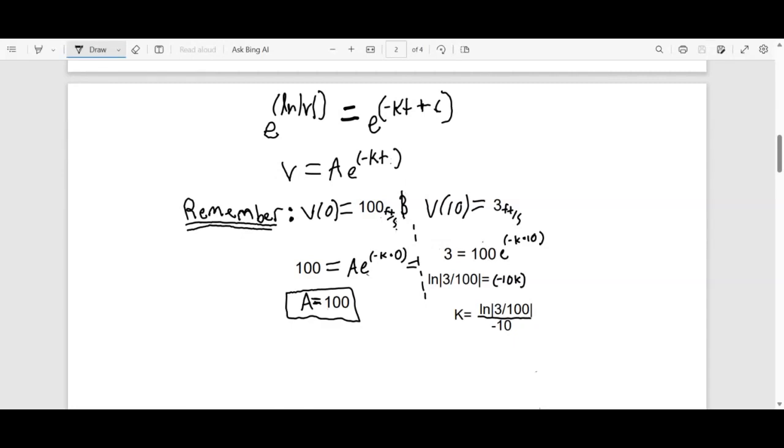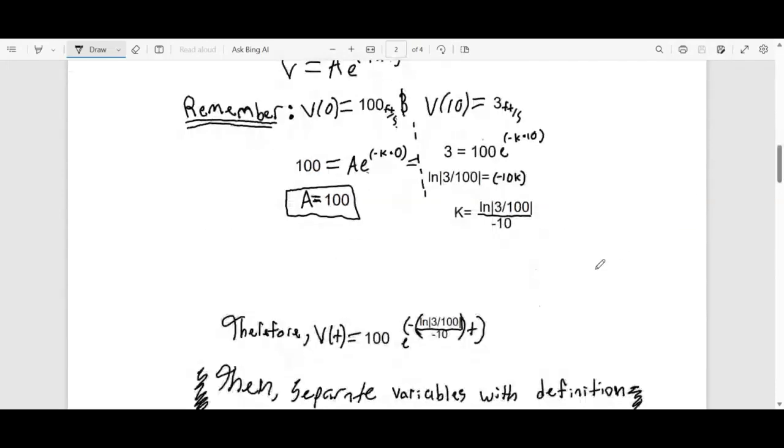Using these conditions, we conclude that 100 equals a times e to the negative k times 0, which gives a equals 100. Then we use that v after 10 seconds is 3 feet per second: 3 equals 100 times e to the power of negative k times 10.